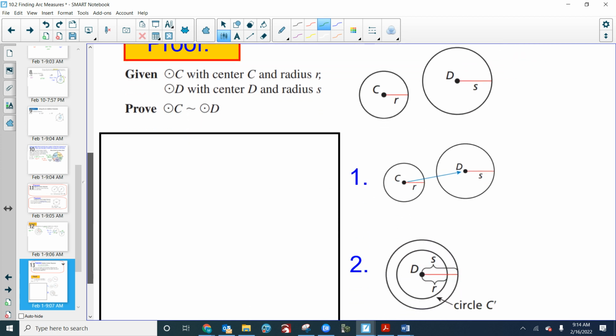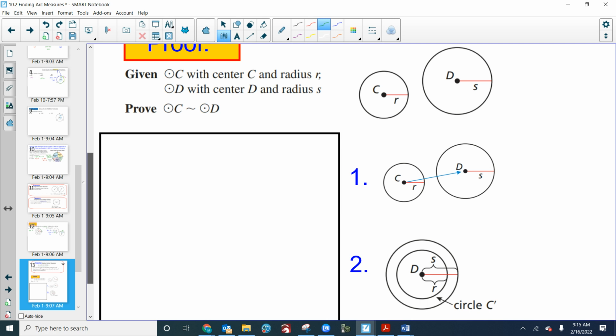Do you remember way back when we showed that polygons were congruent by mapping one onto another with a set of rigid motions? Reflect this across the y-axis and then translate it down 2 and right 3. Remember that? A dilation was only to keep it similar, proportional, right? So here's the goal. How can we map circle C onto circle D?